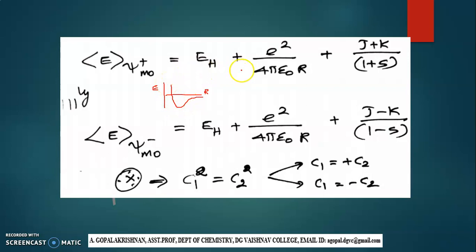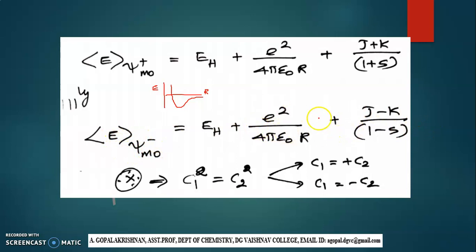In a similar manner we can derive the expression for the average energy of the psi minus state. This is the expression for the psi minus state. I am not going to derive it because we know the method, so I will leave it to you to check whether this expression is correct.